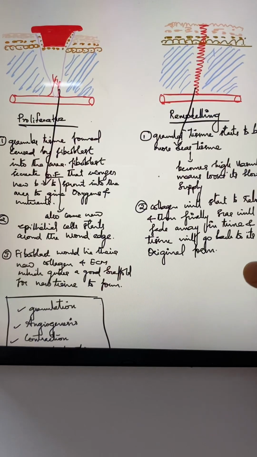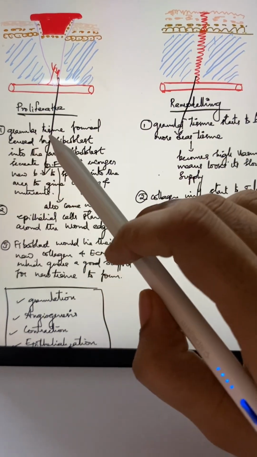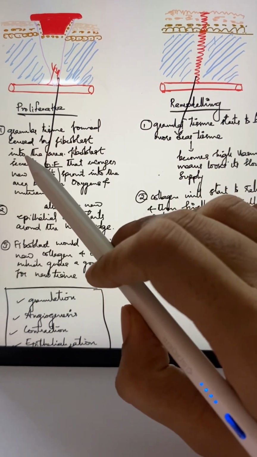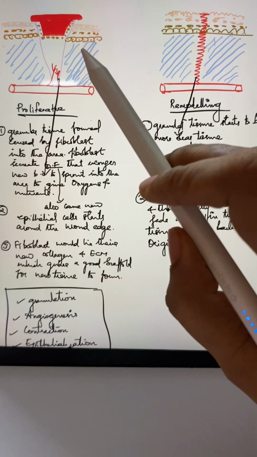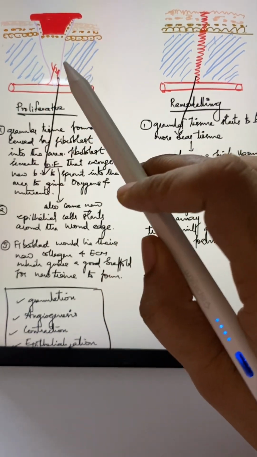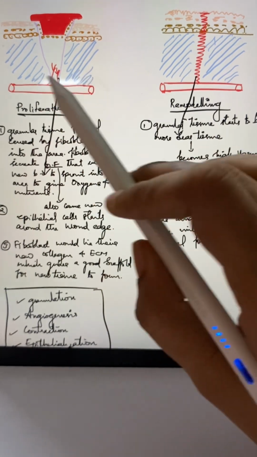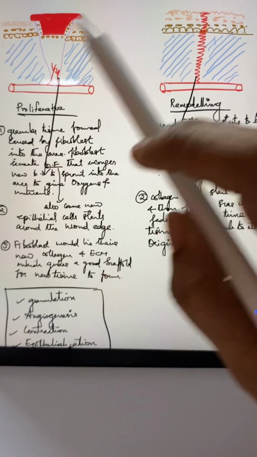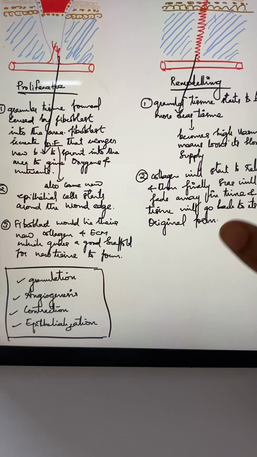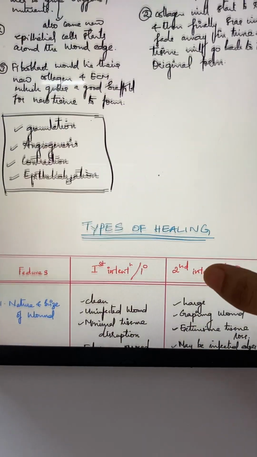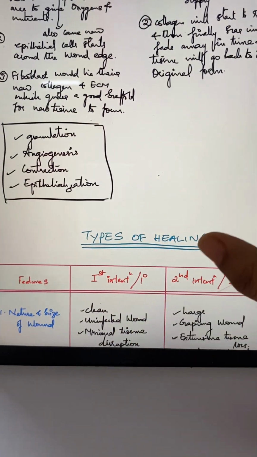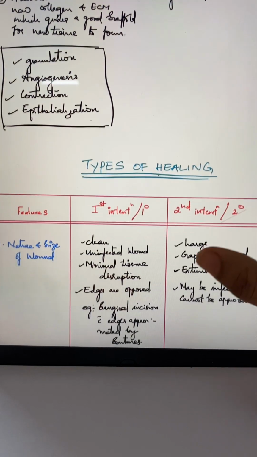And then proliferation occurs, like the granulation tissue formed, which is caused by the fibroblasts in the area, and then new epithelial cells occurred. Then new collagen, everything has formed, and now the new connective tissue happened. And next is the remodeling, that is the scarring. So these are the stages. You should not forget these. These are the stages of the repair.